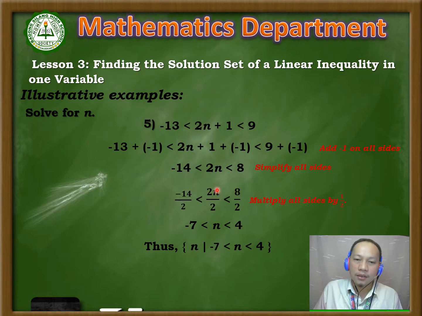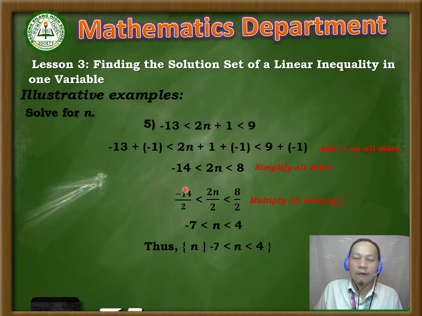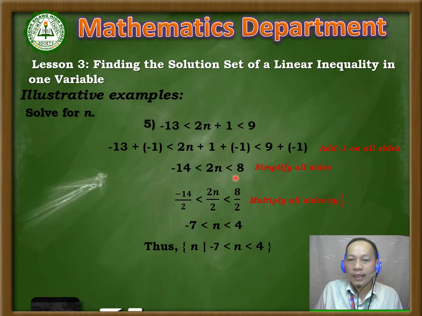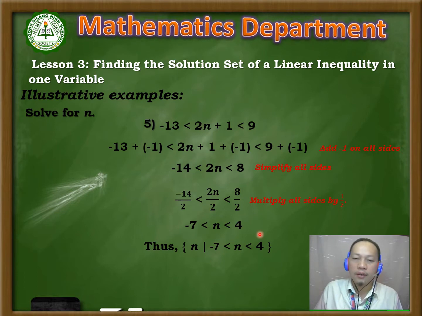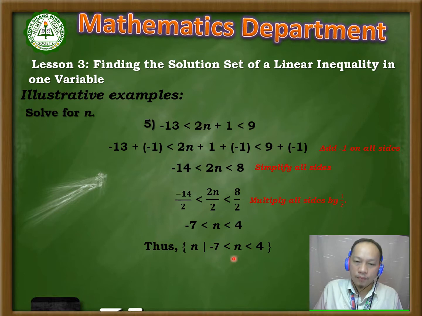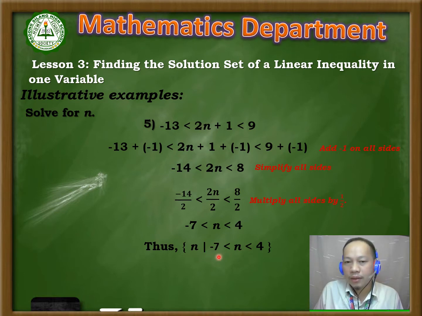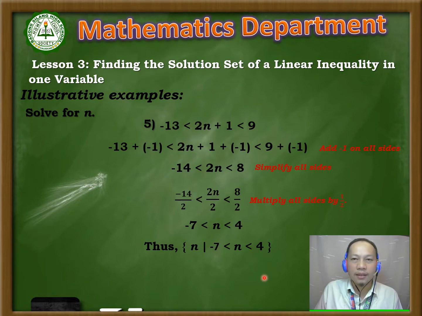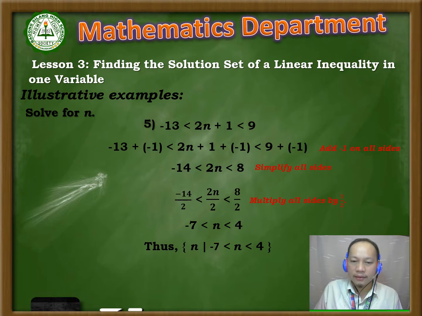So 2n times 1/2 would be n. And negative 14 times 1/2, or 1/2 of negative 14, is negative 7. And 1/2 of 8 is 4. Therefore, n is greater than negative 7 but lesser than 4. So, what are the possible values of n?